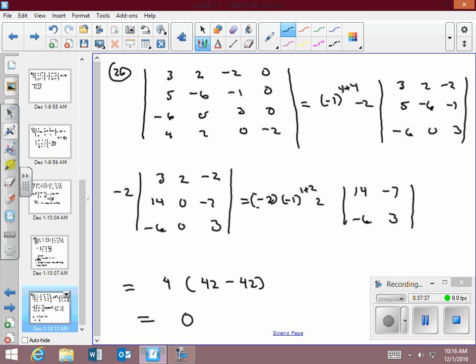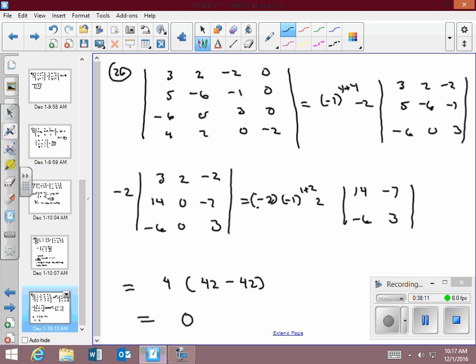Let's look at 28. It says if 3 row interchanges are made in succession, then the new determinant equals the old determinant. Is that a true or false statement? Every time you do a row interchange, theorem 3 says what do you do to the sign? Yeah. And so you're doing 3 minuses, so you're getting a negative. So that's false, right? Okay.